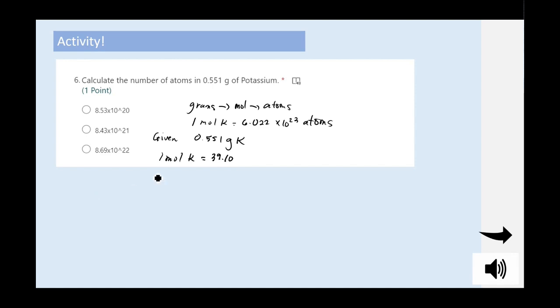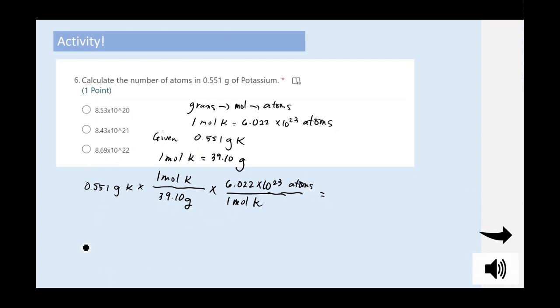Here, class, we will get a different answer if we do it this way. So let's first use 0.551 grams of potassium times, again, this conversion: 1 mole of potassium is equal to 39.10 grams, so 39.10 grams and 1 mole of K. Then times 1 mole of K and 6.022 times 10 raised to 23 atoms.